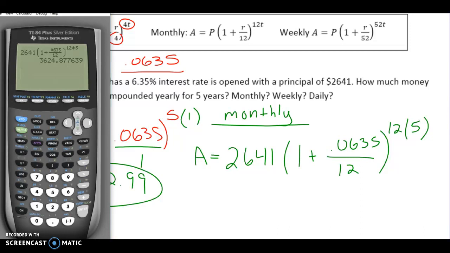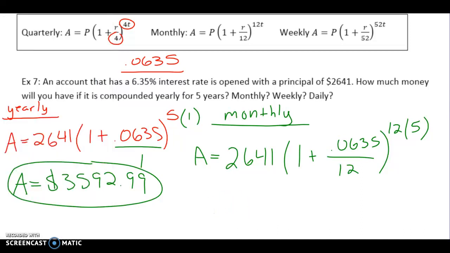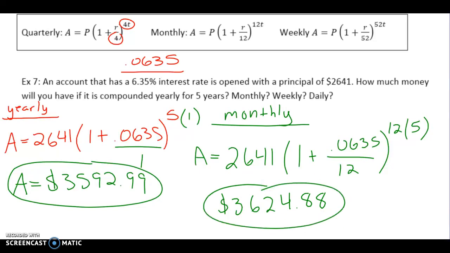We have $3,627.21. I'm reading the wrong one again. $3,627.88. Is that what you got? Yes. So far, which one's better? Yearly or monthly? Monthly. Yeah, we got a few extra bucks in there, right? Actually, that's a pretty big difference.